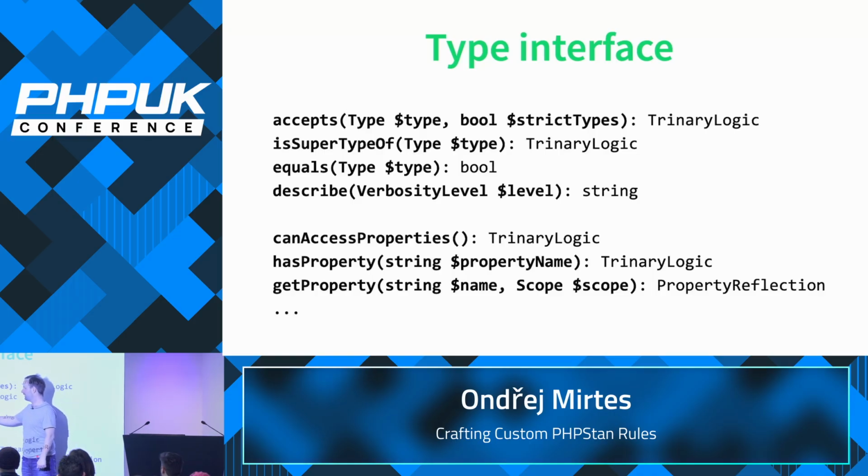It can give you a string representation, textual representation of a type, which is very useful for error messages and so on. And the isSuperTypeOf method is one of the most useful methods that you can encounter, but also one of the methods that are a little bit more challenging to understand. So I will try to explain it.